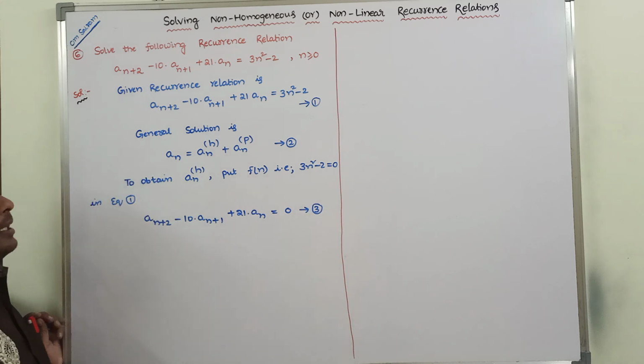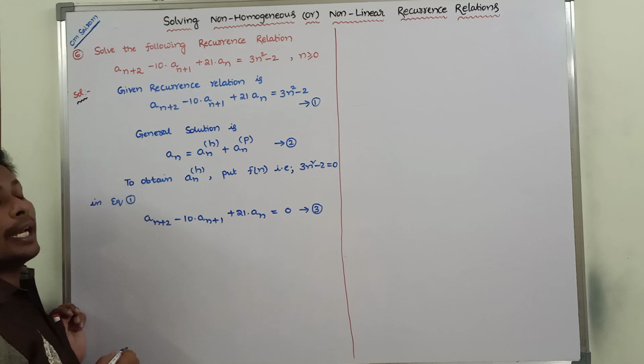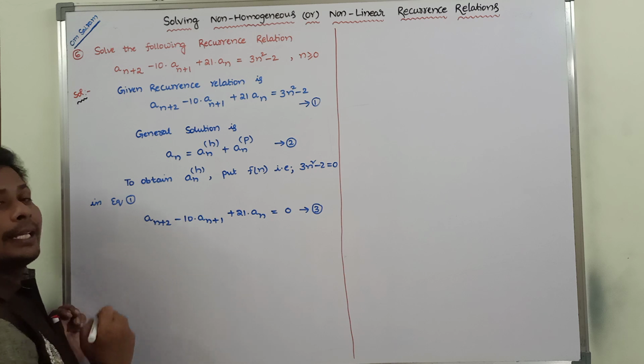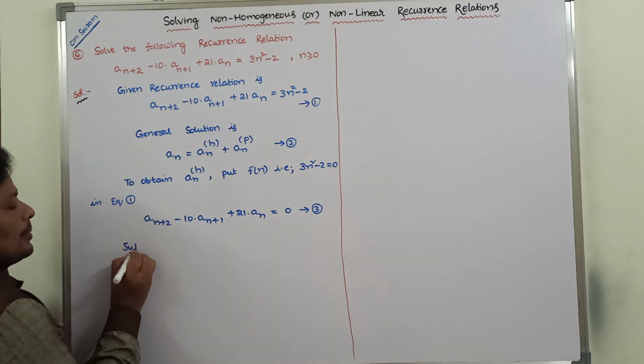Next, substitute n equal to n minus 2 in the place of n in equation 3.